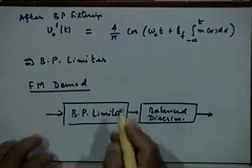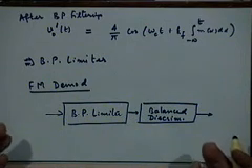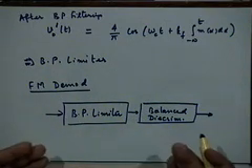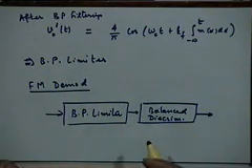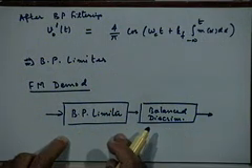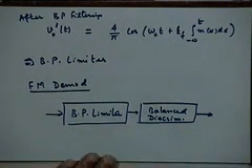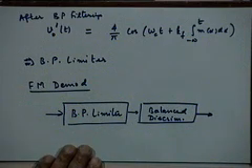And together they form your FM demodulator, right. In fact, many of the advantages of the FM signal that we will talk about later, particularly its increased tolerance to noise, comes from the fact that the demodulator is preceded by a band pass limiter, right. Without this, those advantages will not be available to us.